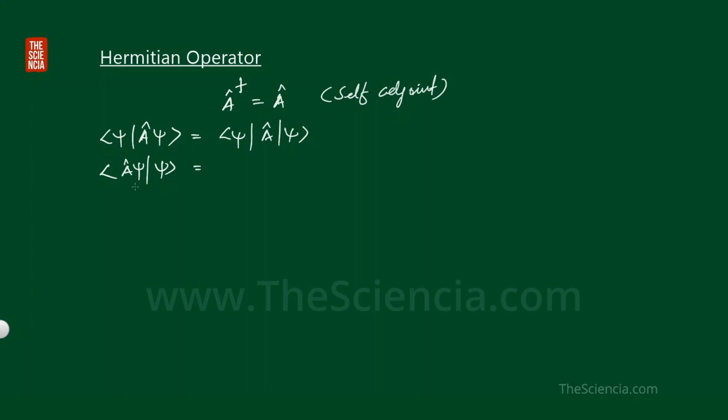I told you how we can take a parameter from inside the bra. When we take it from inside the bra, we have to take its dagger, right? That is, here we get bra psi A dagger psi. And if these two are equal, then we can say the operator is a Hermitian operator.